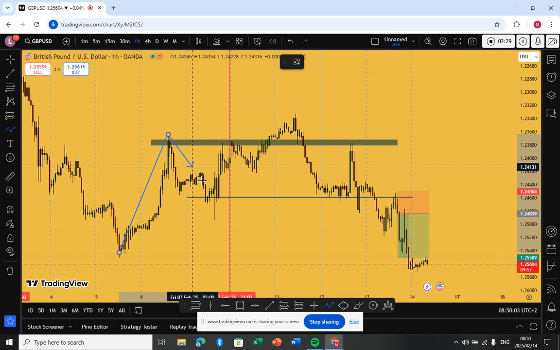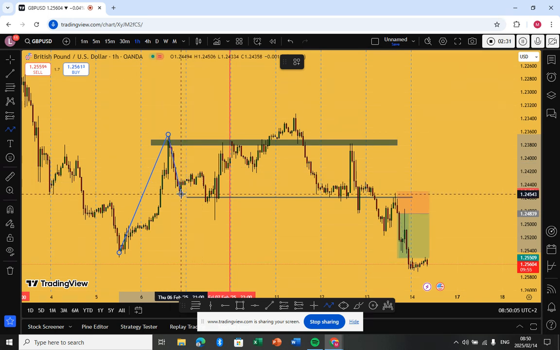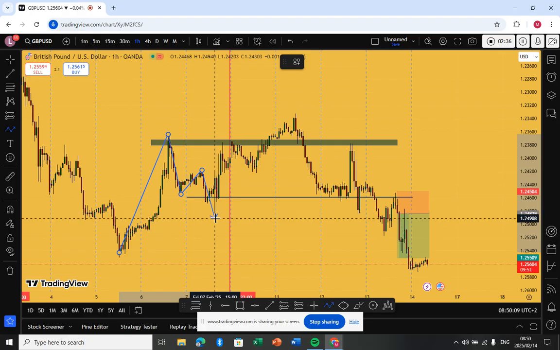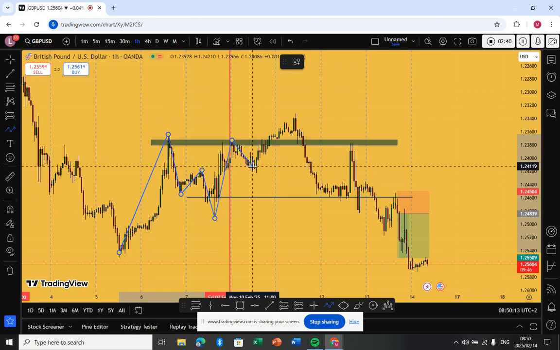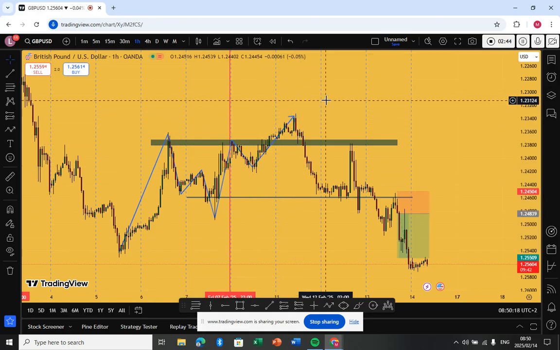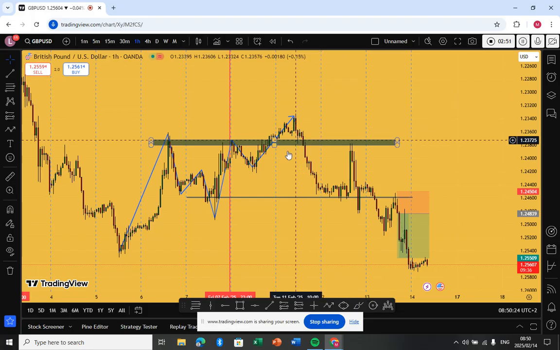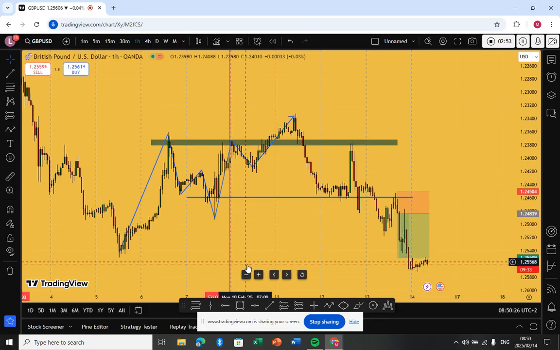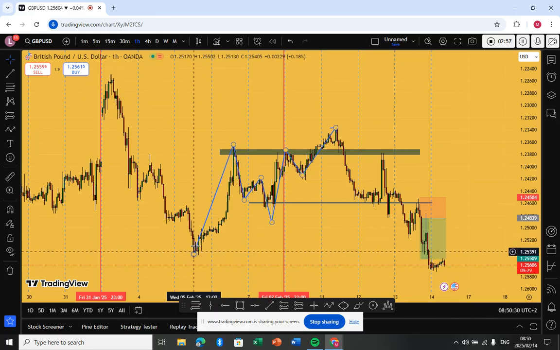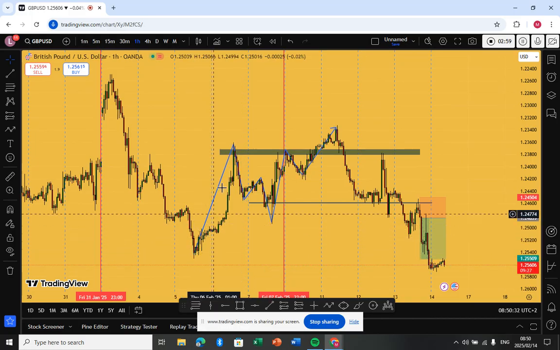So let's look at this market. It's created a low, and it's well below. So let's talk about the structure. The market was in a bullish structure. How do we know that? Because from this point, the market was creating a high.